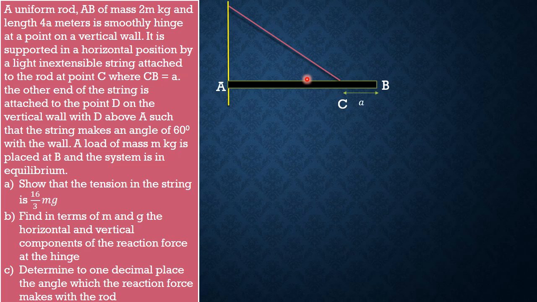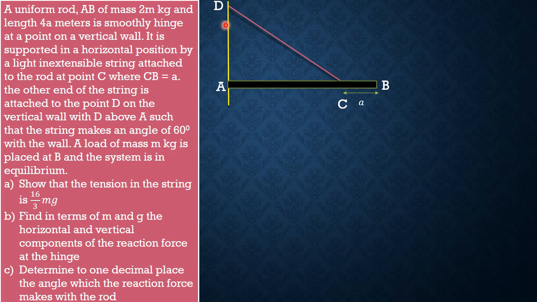Good. Then they said the other end of the string is attached to the point D on the vertical wall. So this point is the point D. Great. All right, friends, they said that on the vertical wall D is above A, so that the string makes an angle of 60 degrees with the wall.